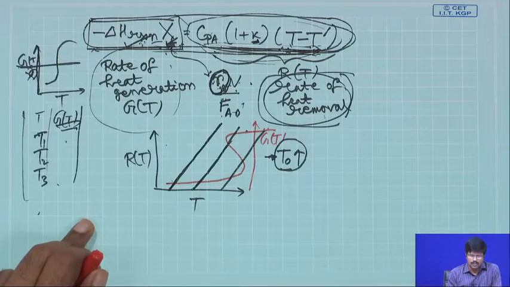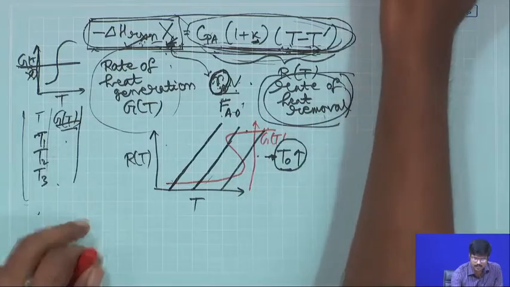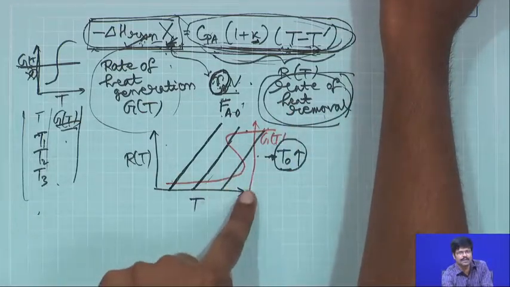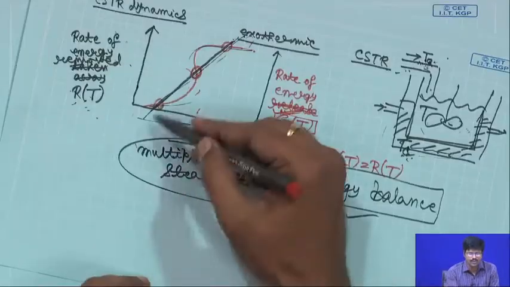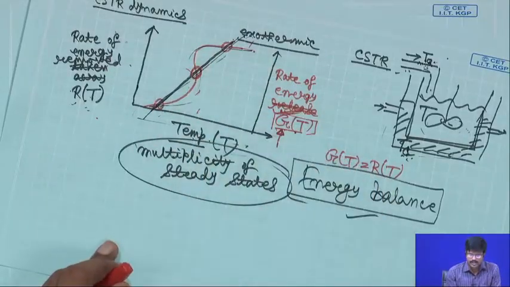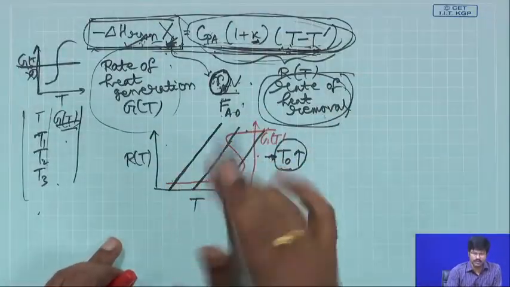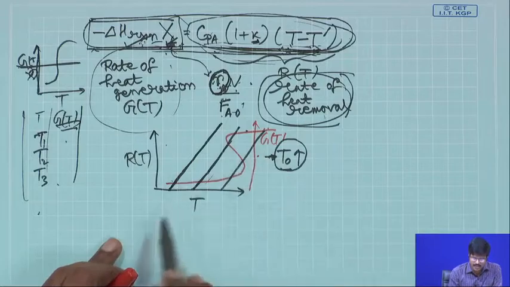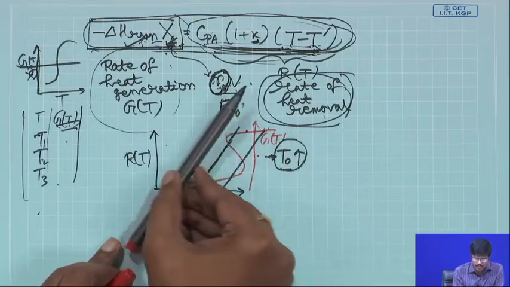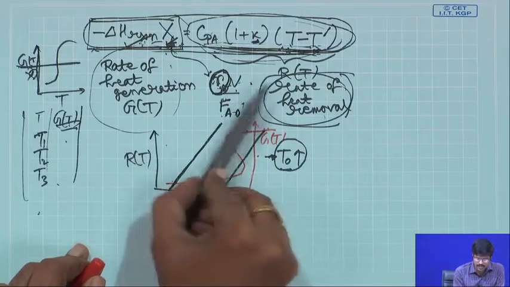Here we have drawn several lines as far as the rate of heat removal is concerned, because we are considering several operating conditions. Here we only consider one operating condition, but this rate of heat generation has only one line, you are doing only one reaction. So, that is only one line. You can see that depending on your operating condition, your rate of heat removal will follow either this line or this line or this line.